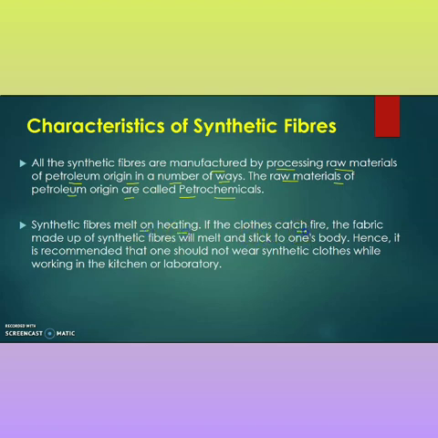If the cloth catches fire, the fabric made up of synthetic fiber will melt and stick to one's body. Hence, it is recommended that one should not wear synthetic fiber cloth while working in the kitchen or laboratory because it is very harmful. If it catches fire, it will stick to the body and harm your skin very deeply.